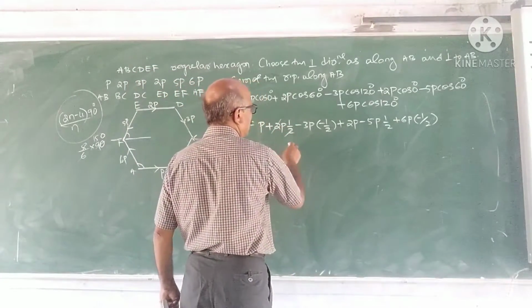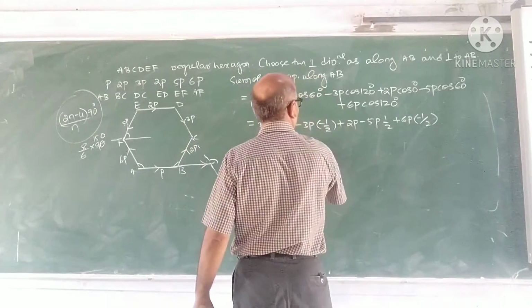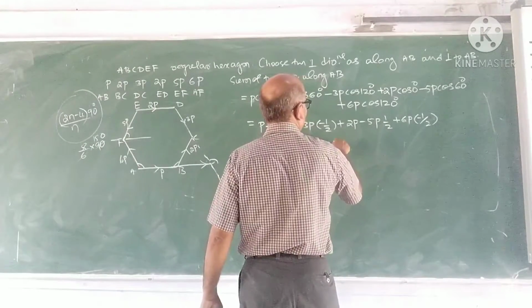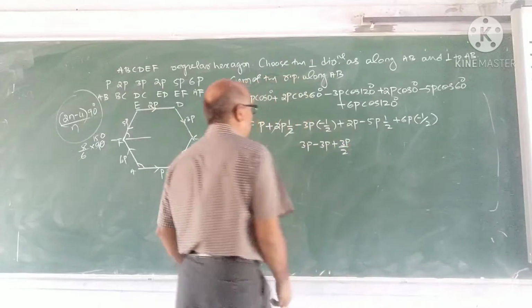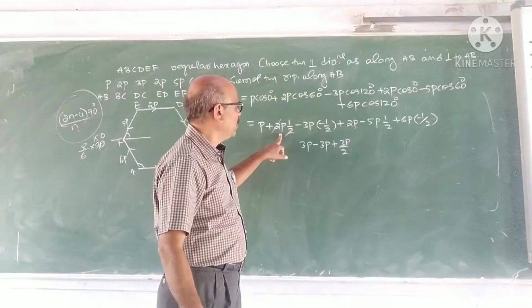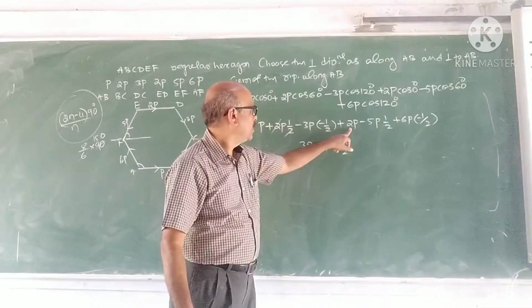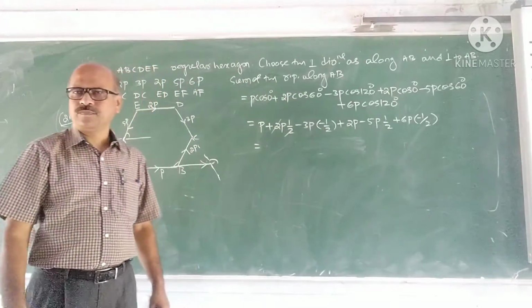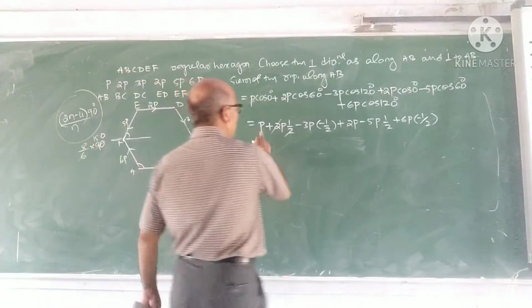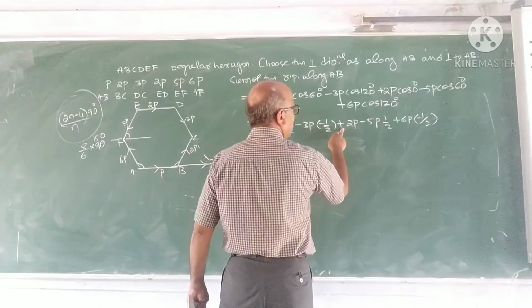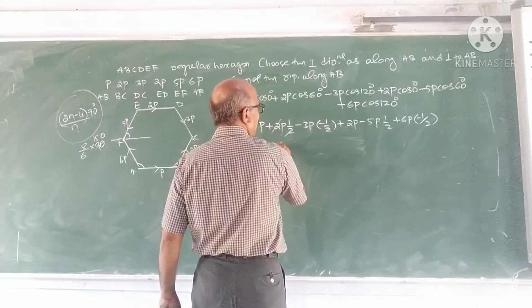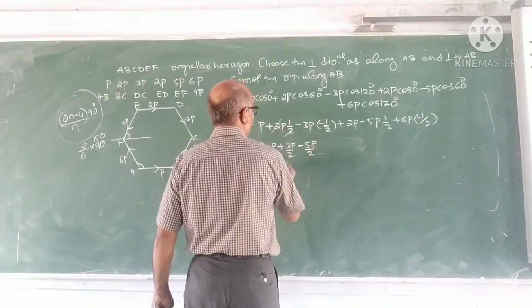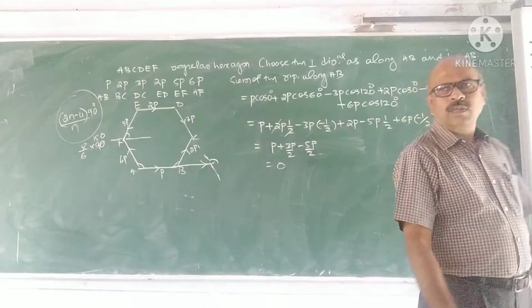Simplify and verify whether it is 0. P plus P is 2P, plus 2P is 4P, minus 3P is P, plus 3P by 2 minus 5P by 2, it is 0. Right? It is 0.